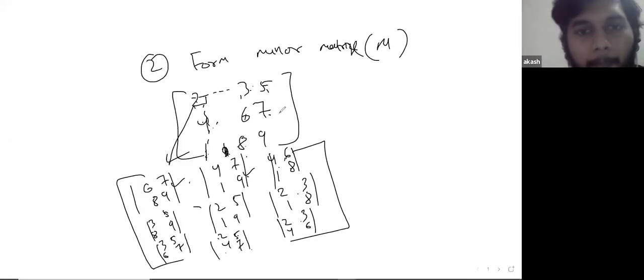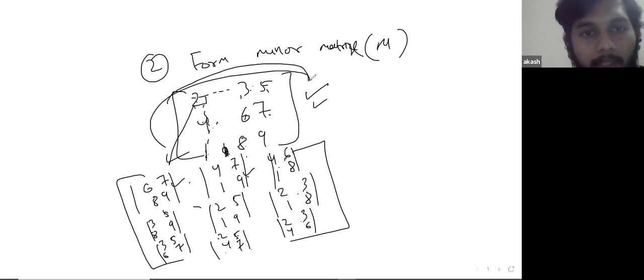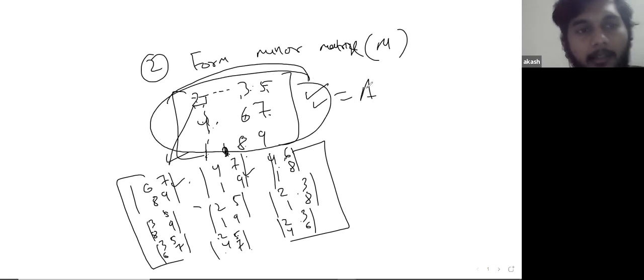This is the A matrix, right? The matrix of which you have to find the inverse. Determinant of A. A was the question given to you to find the inverse.